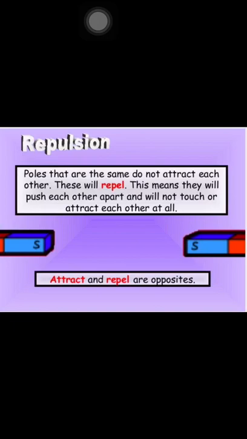Like poles means south pole and south pole, or north pole and north pole, will repel each other. Why? Because the two south poles are the same poles, like poles, or similar poles, and the same goes for north poles. So that's why repulsion force is present between the same poles, like poles, and they repel each other.